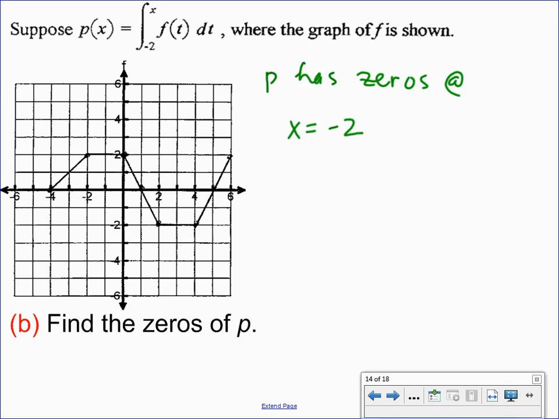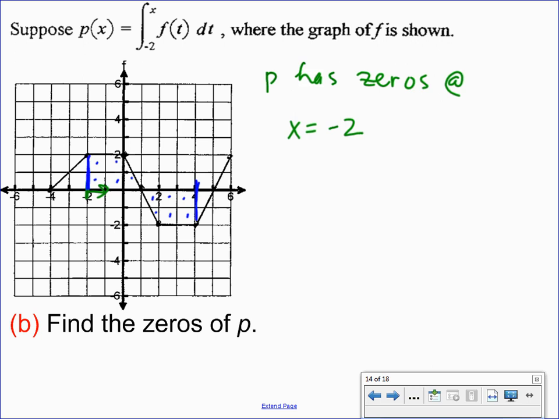Are there any other places? Well, now I'll have to consider. As I'm scanning from -2 to the right, I'm accumulating area, and I'm picking up 1, 2, 3, 4, 5 units. So I now have P of 1 is 5 because I've increased P's value by 5 units in the course of scanning from -2 up until 1. This will be canceled out by an equal and opposite amount by the time I get to 4.